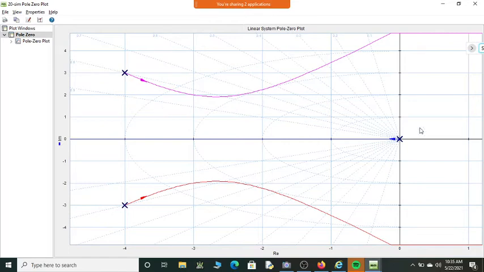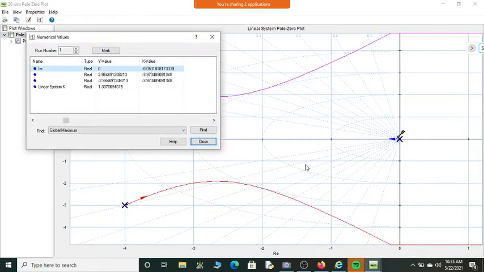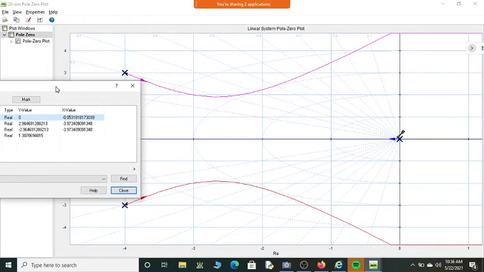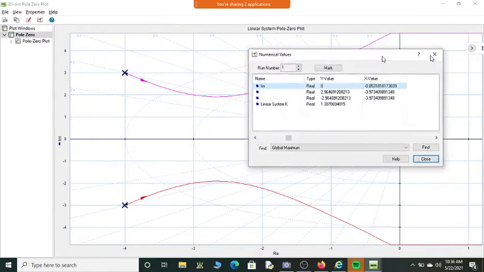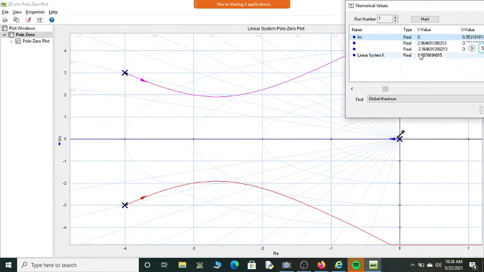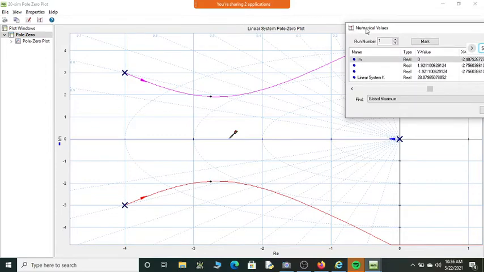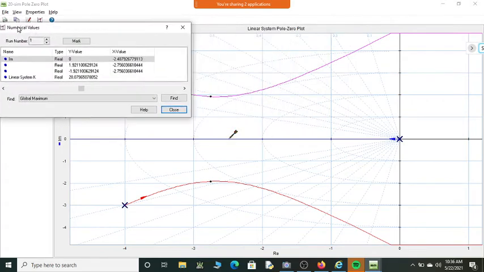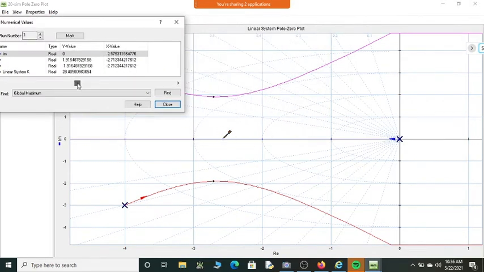See now, if I move the pole, can you see the poles are moving? How do I put it? See, it's actually going like this, and where the value of k becomes 200, it will cross the middle axis.